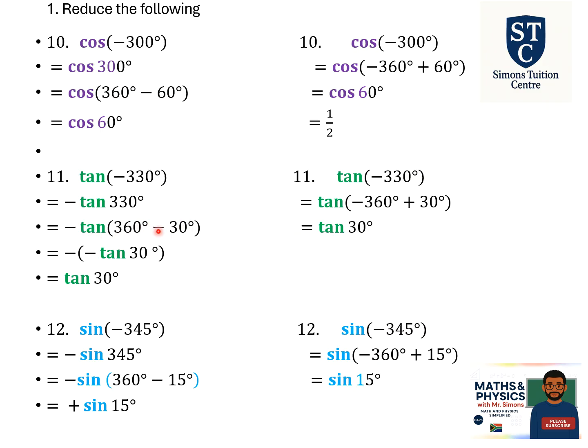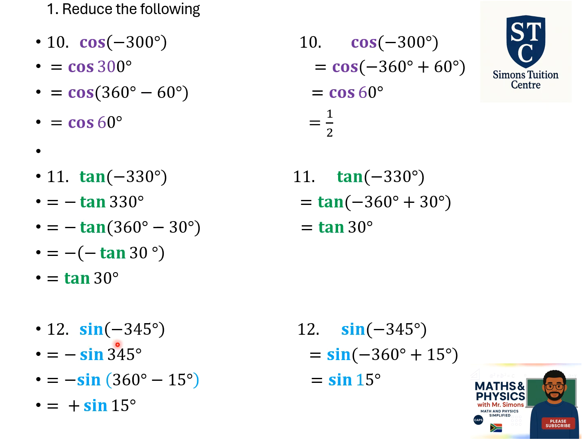In the fourth quadrant, tan is negative, so negative times negative will give me positive tan 30 degrees, which is 1 over square root 3. Or for tan negative 330, I can say minus 360 plus 30 degrees would give me negative 330. So there I'm working in the first quadrant. In the first quadrant tan is positive, so it simply becomes tan 30 degrees.